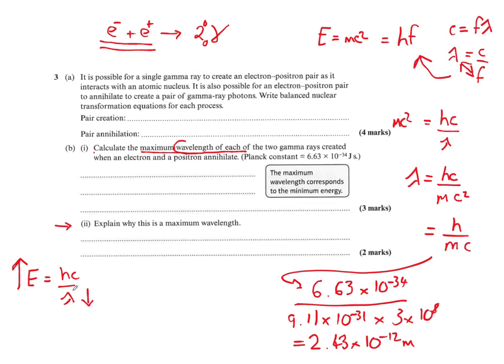So in order to have a long wavelength, they need to be stood still. What we just worked out was essentially the particles stood still, but we know very well they would have had some kinetic energy, so their energy would have been higher than we've calculated, and that will have the effect of bringing the wavelength down.